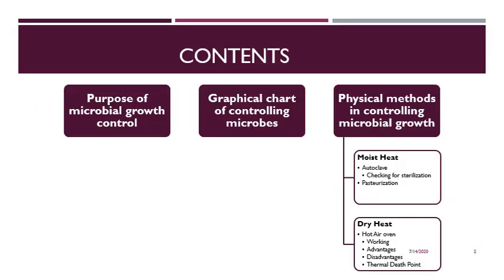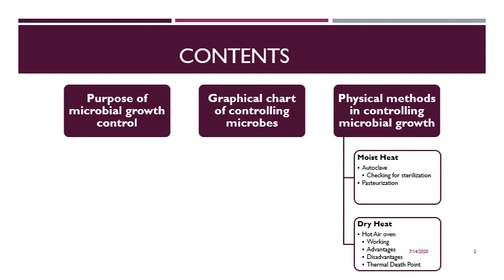First of all, we will discuss the contents of today's lecture. In the beginning, we discuss the purpose of microbial growth control, and then here is a graphical chart of controlling microbes.